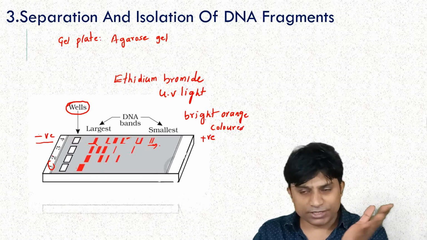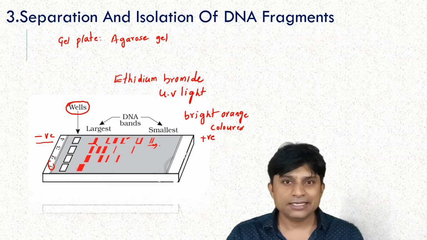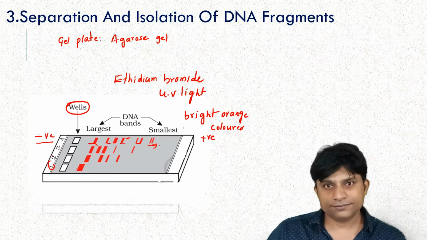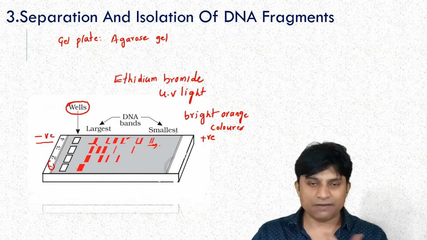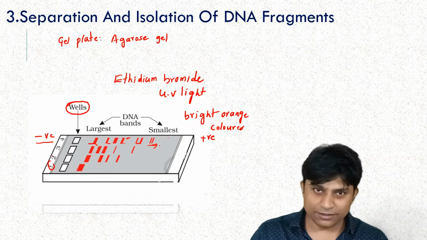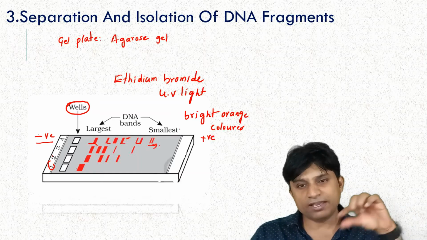Now these fragments can be compared with the standard DNA ladder. So if we know the length of our DNA fragment, our gene of interest, our desired gene, then with the DNA ladder we can compare the size and we can extract it.